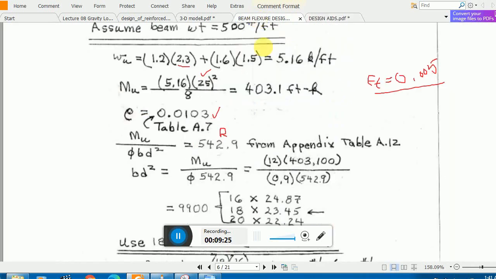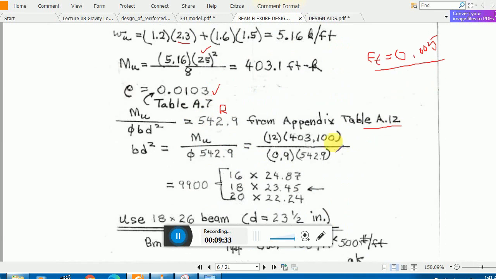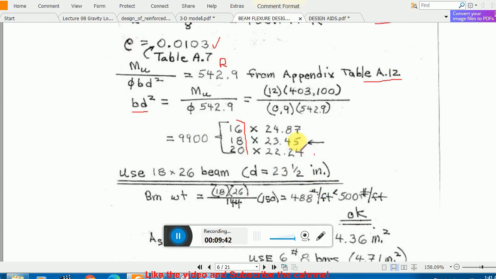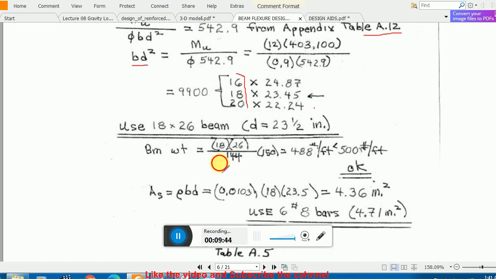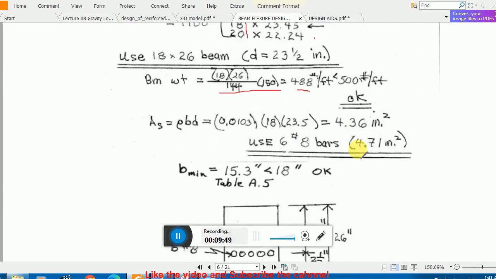Now what you need to find out from the table, and you know how to find out from table A12, because I have 60,000 and 3,000 concrete. So once you get this value, you find out this bd. So assume your b value and get your d value. Select the section which will be appropriate. Recalculate your depth and weight, that is 488, we are okay here.